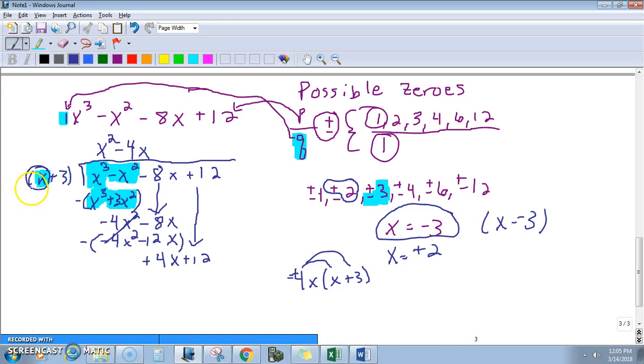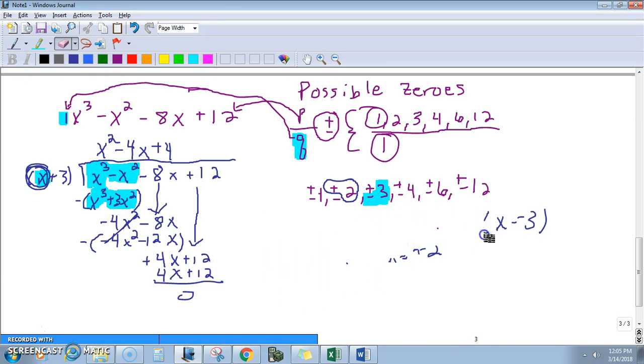And I do the same thing. How many times can x go into 4x? It's going to be plus 4. 4 times x is 4x, and then 4 times 3 is 12. Okay, and I subtract and I get 0. So what do I know so far? What I know is, I'm going to have to do some erasing over here.